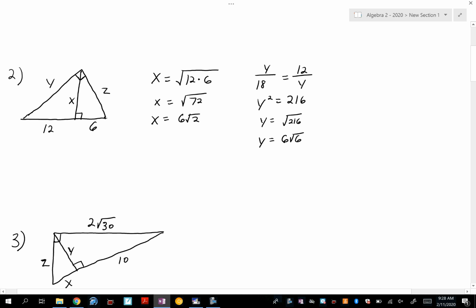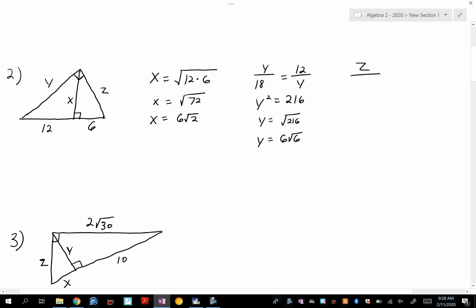Now for z, it's the same kind of idea. Z over 18 I know is going to be first because it's the entire hypotenuse there. And then the piece that's closest to z, if you look at the original figure, is that 6. So 6 over z. I'm going to set up that part of the proportion, and then do cross products. Get z squared equals 18 times 6, which is going to be 108.